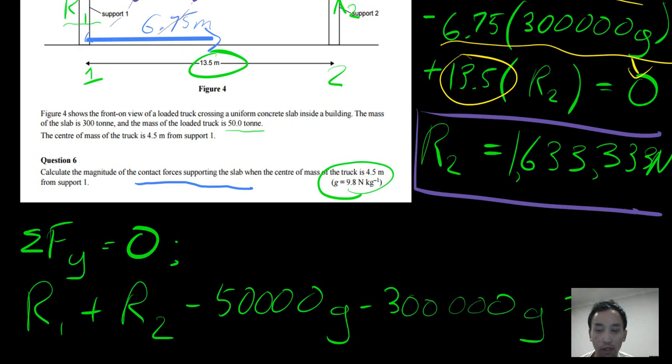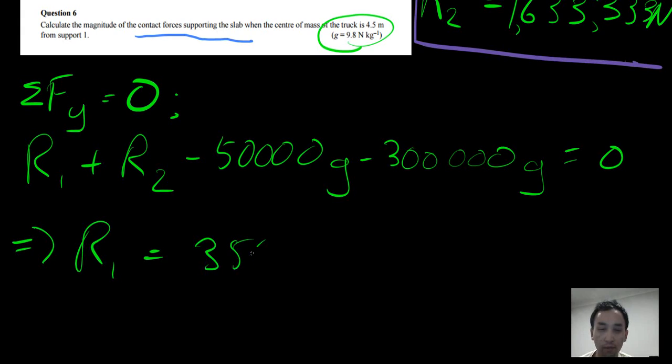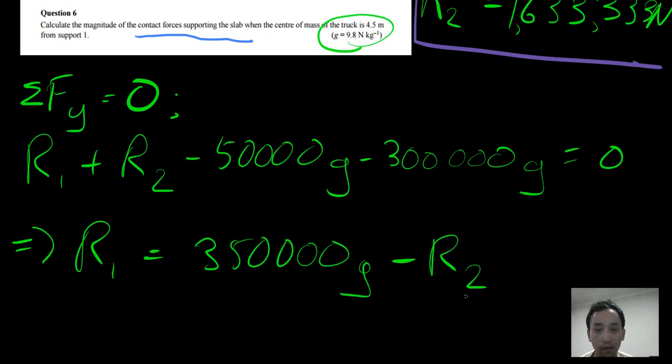All of this should equal 0 since we don't have a net acceleration in the vertical direction. And if this is the case, then R1 is simply 350,000 g, chucking all of those numbers to the other side, and we want to subtract R2 as well to make R1 by itself. We know R2 from the previous part is really just 1.6 million.